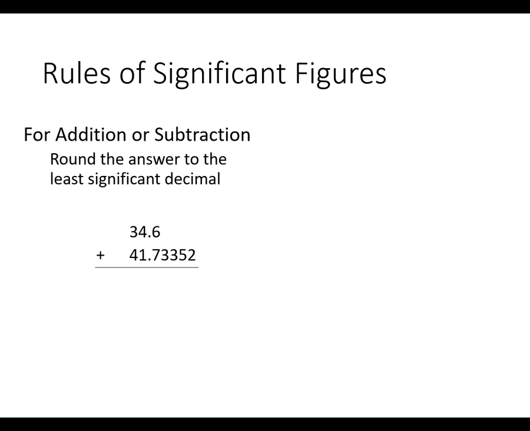So to solve this, we use the rule for addition and subtraction, which says that we round the answer to the least significant decimal, which in this case would be the tenths place. So if I add them up, which gives me the result of 76.33352, I have to round my answer to the 10th place because that is my least significant decimal. And so my answer would be 76.3.